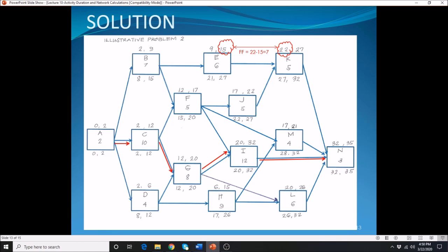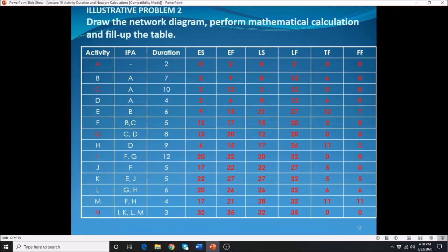Remember, I mentioned in the previous problem that for all those activities that are critical, the TF and the FF have 0 values. And that's the reason why your A, your C, your G, your I, and the N have 0 TF and FF. Take a look at here.